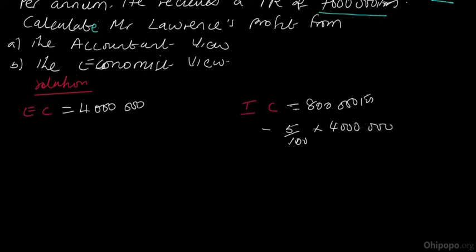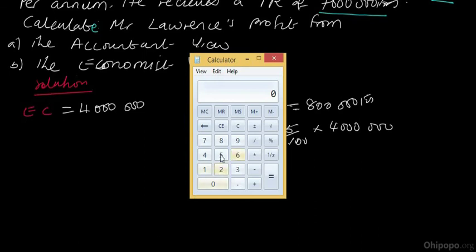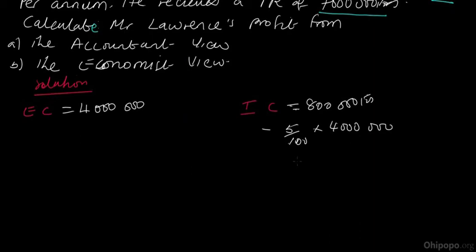What is 5% of 4 million? 5% of 4 million is equal to 200,000 francs as interest, if he had saved the money in the bank.